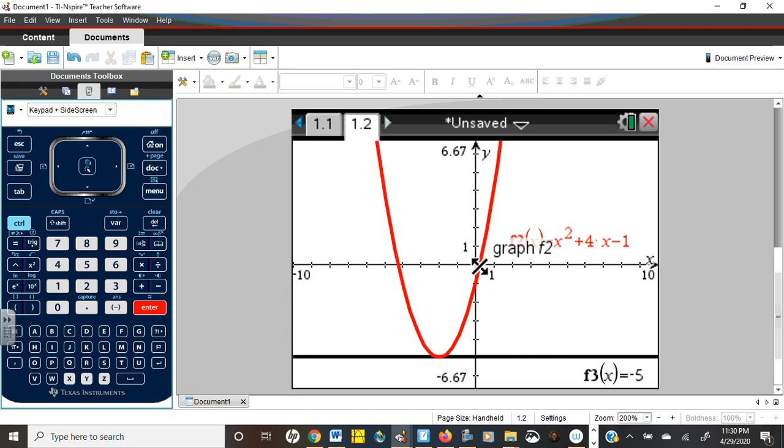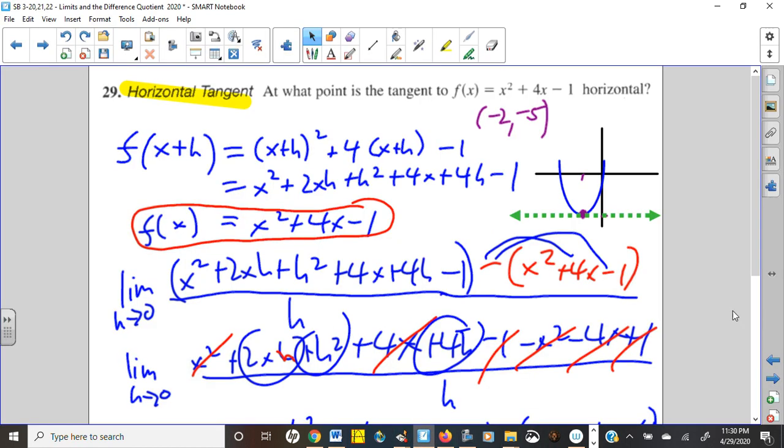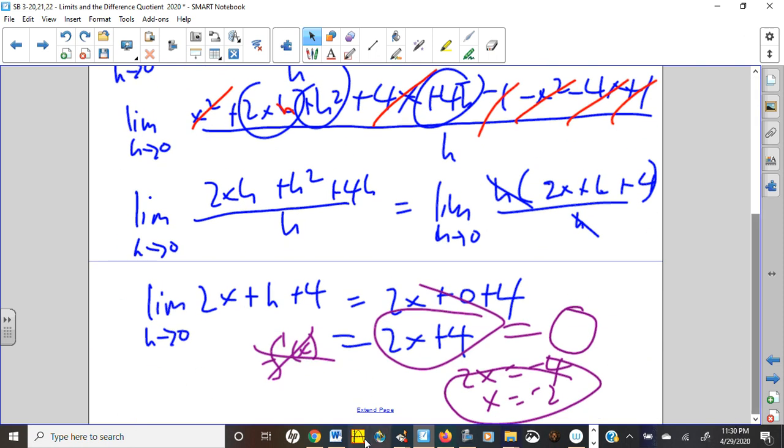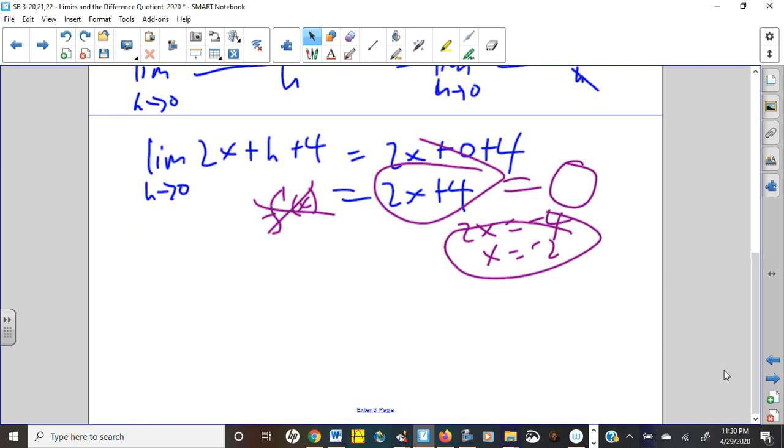Let's pick another x value in here. Here's 0 maybe. So 0 looks like 0, negative 1 is the point there. But let's go back and do just a tiny bit of math. And I'm just showing you how powerful this formula that you found is. Okay. So let's switch to another color.